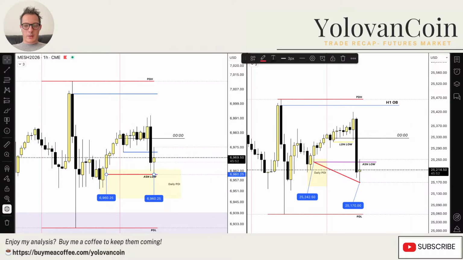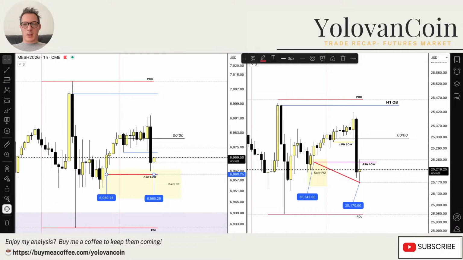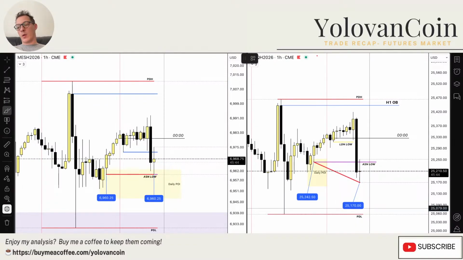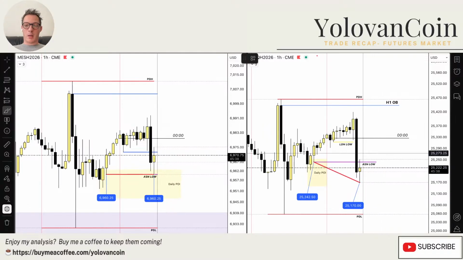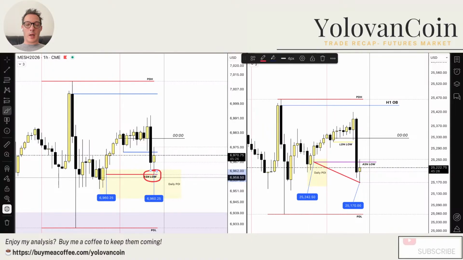So on indices, we have SMT, but this SMT hasn't been confirmed yet. Why? Because we need an opposite PDA to move higher. So you see this level, it went lower. That means we don't have to see the SP 500 take this Asian low, right?